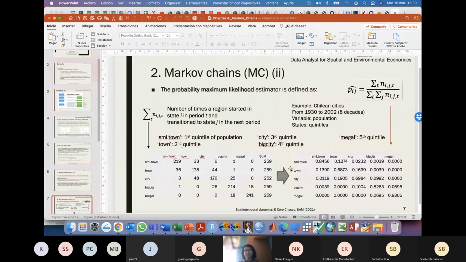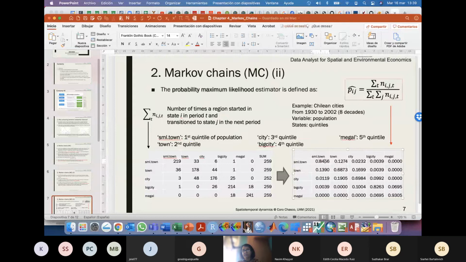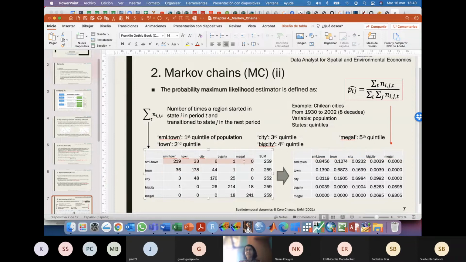So here these are the probabilities, and here we have the instances. So with respect to 259, 219 is 84%, more or less 85%. And this is what this probability is taking into account.